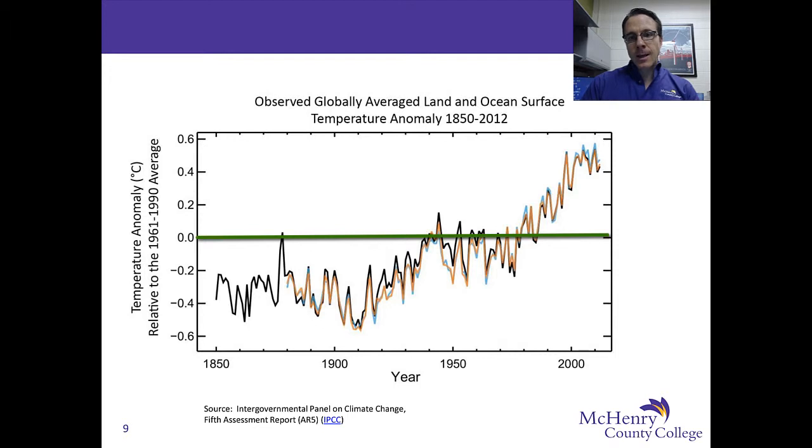And then in the 50 years of 1950 to 2000, they started to become first about the same as the 1961 to 1990 average, and then started to climb. And notice that climb really starts around, say, 1960-ish, 1970-ish, 1980-ish, somewhere in that area.